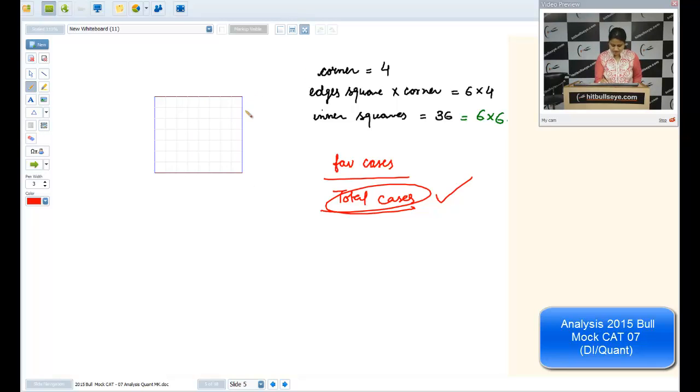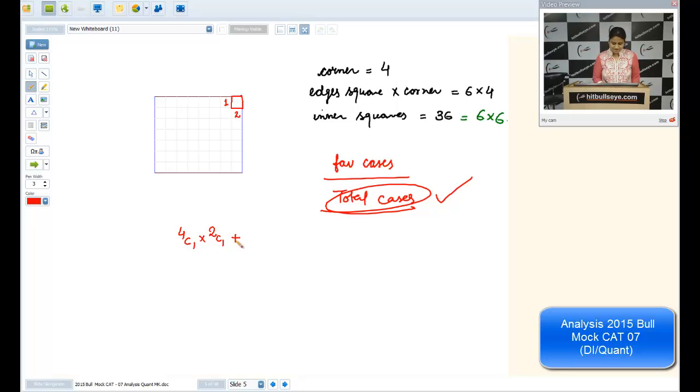First of all, I'm taking a corner square. A corner square can be chosen in 4C1 ways. I mean, you can take any one square out of these 4. If I take this corner, I need a square which has exactly one side common. So it can be this 1 or this 2. So the further choice can be made in 2C1 ways. Is it okay, Neha, now?